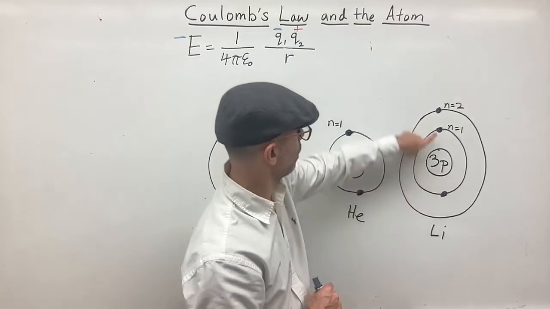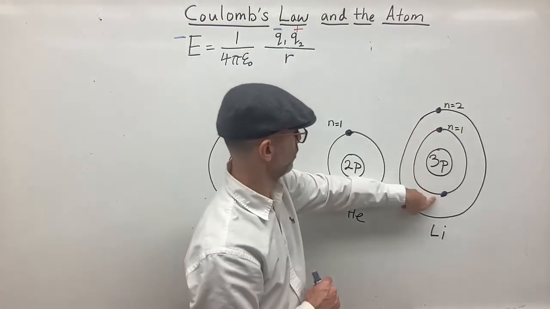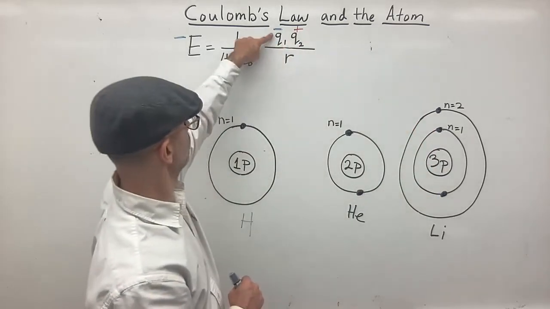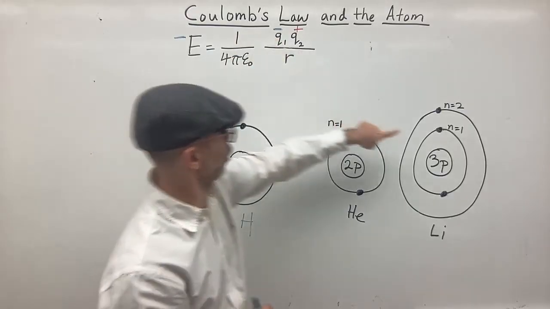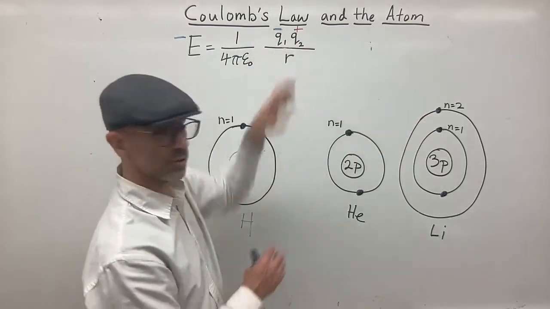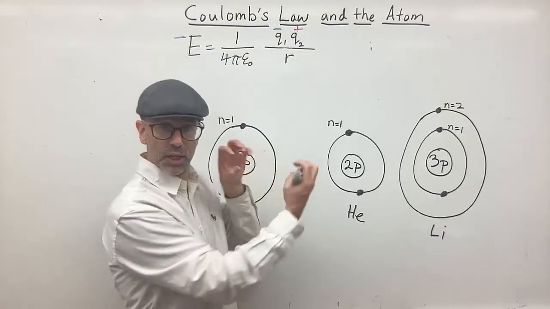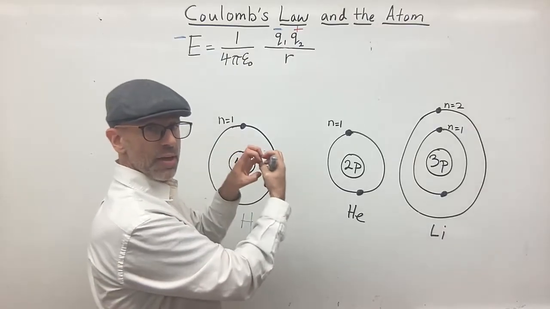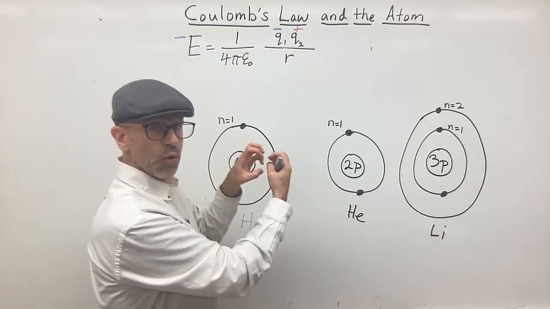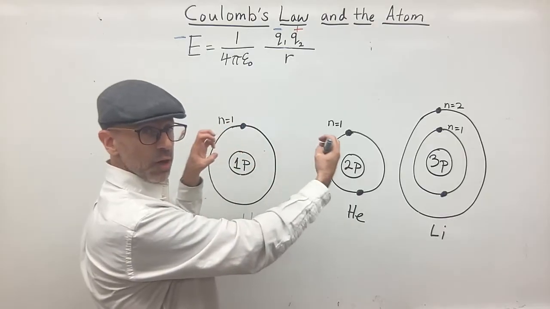But because you have these 2 electrons there, you've got those charges. Since they're like charges, they do not want to be close together. They are repelling. To lower the potential energy, they want to be farther apart.